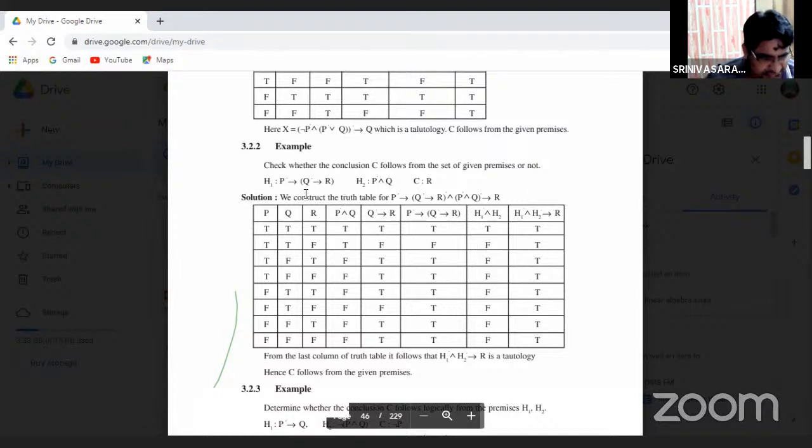And at the same time, H1 and H2 implies with capital R. Okay, that is called the final part is there. So this is the expression of H1 and H2 goes to capital R. All values are true in the last column. If all the values are true, that is called tautology.